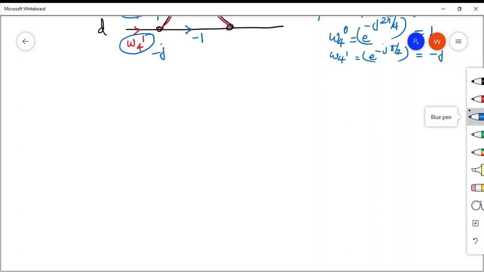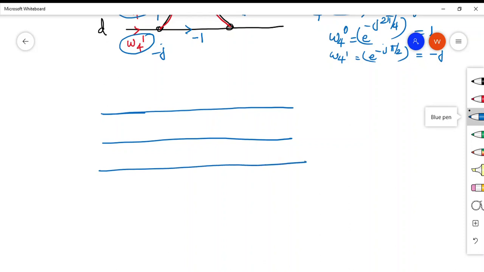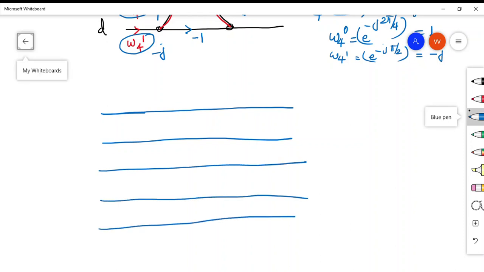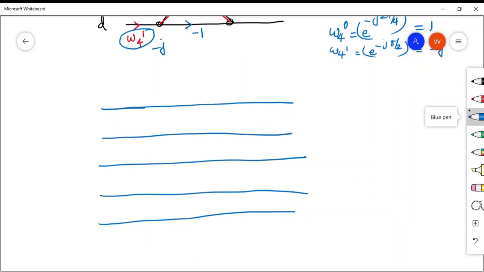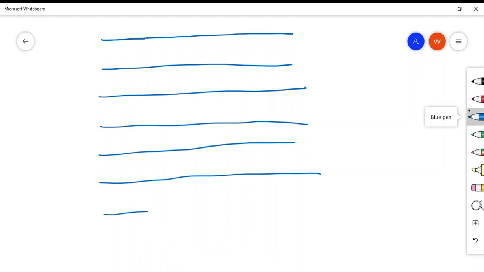So when you have 8 point, first you draw the lines 1, 2, 3, 4, 5, like that you have to draw 8 lines. 6, 7, 8. Now you mark the output and input terminals.